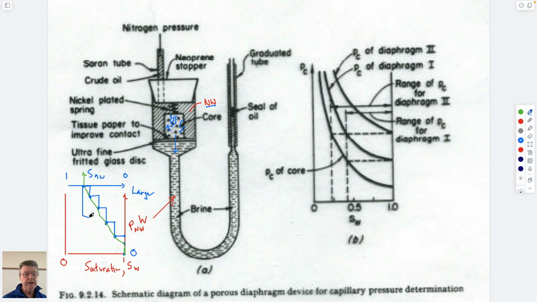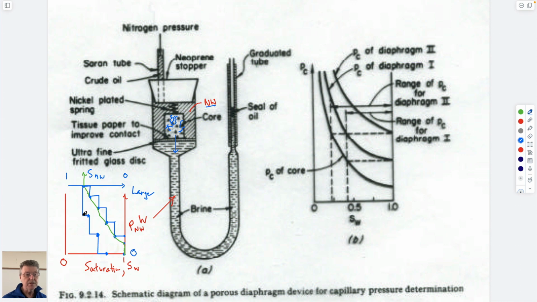And so it will now start to expel the non-wetting fluid. So if we go in this direction, at this point, drop the pressure again. This is the equilibrium point. Drop the pressure again. Maybe this is the equilibrium point. And so these are the equilibrium values, right?